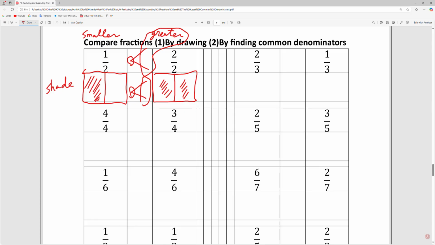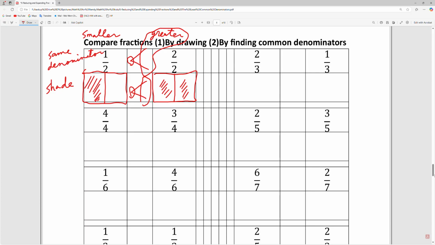But sometimes when the numbers become very big, or in this case we have the same denominator. If you have the same denominator, it's easy to compare. You just compare the numerator.